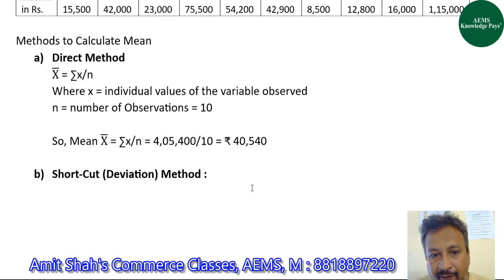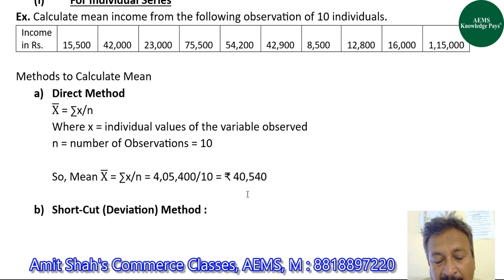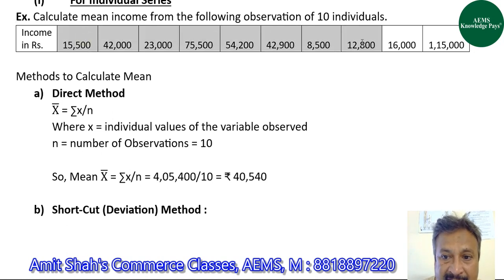So in this method, what we do is that we first take a value and assume that to be the mean of all these things.